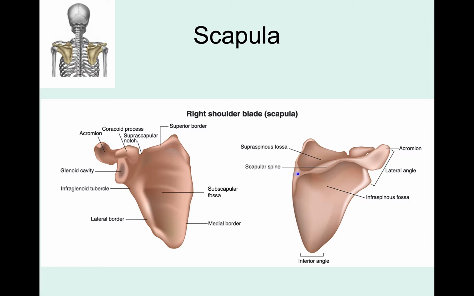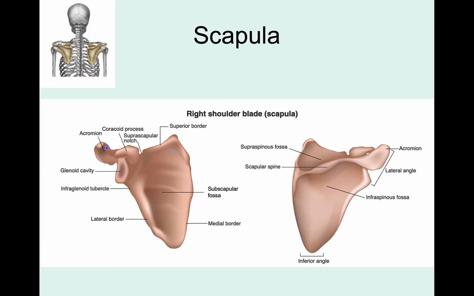And what we see connecting our acromion is our scapular spine. Now above the scapular spine, we have the supraspinous fossa, and we have the infraspinous fossa below the spine. Both of these fossa, as well as the subscapular fossa, have muscles that are originating in these depressions.